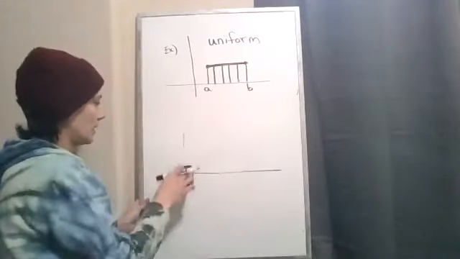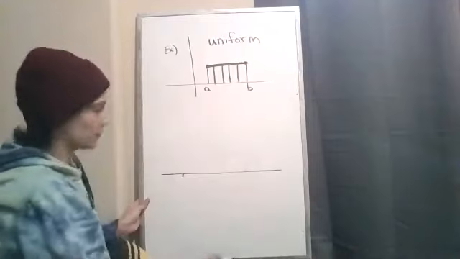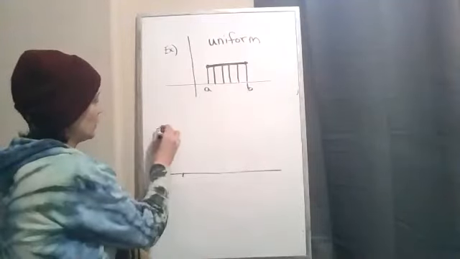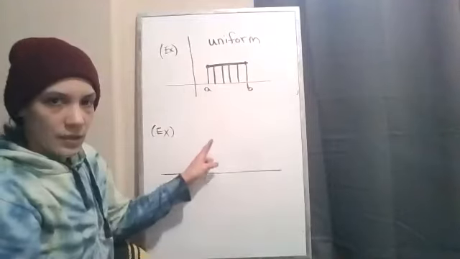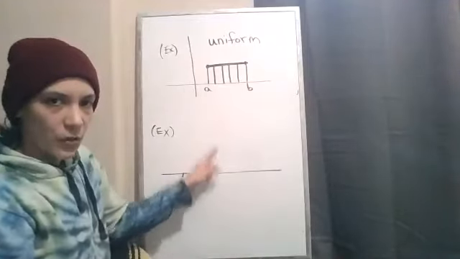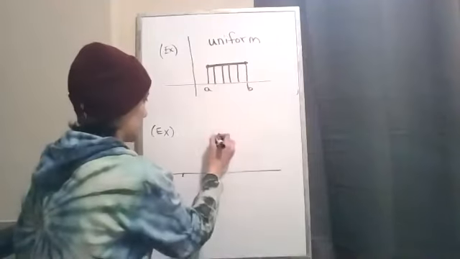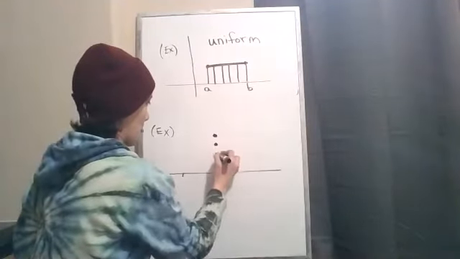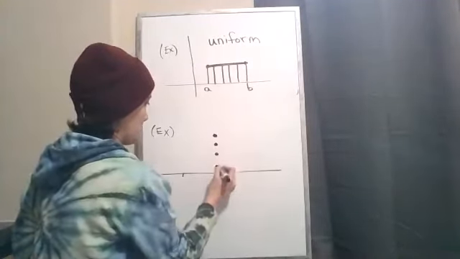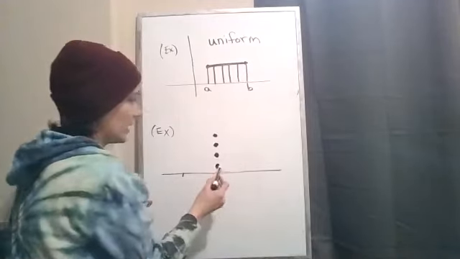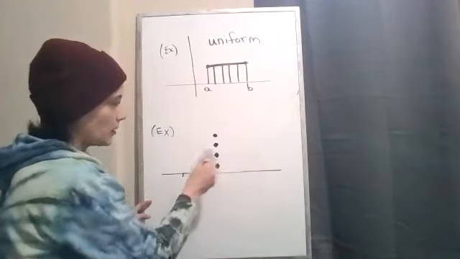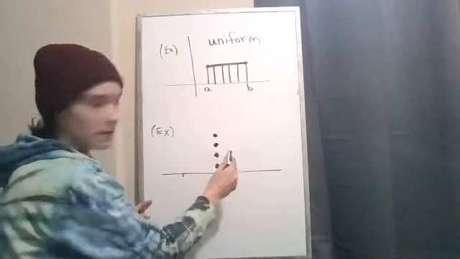Actually, let's draw a dot plot. So, example. The dot plot will have like 4 dots in the middle. And then let's do 3 dots on both of the other sides.